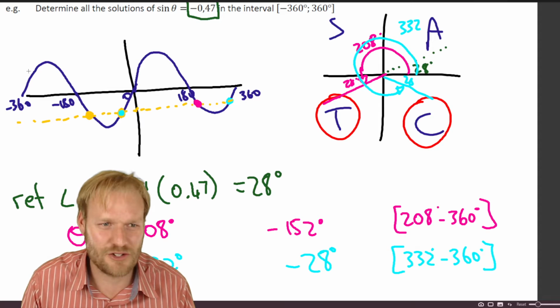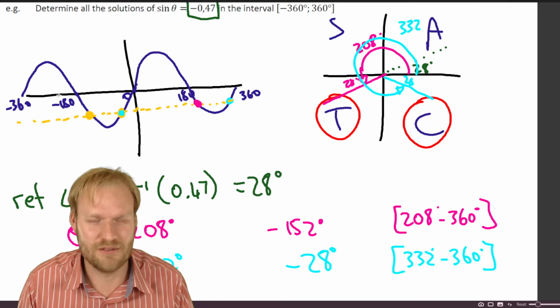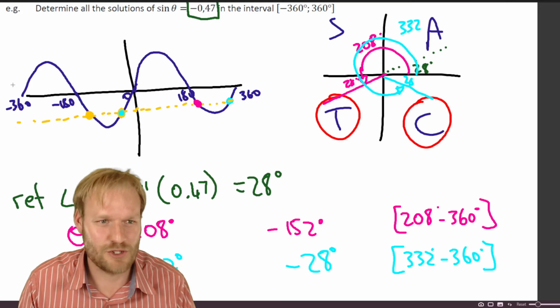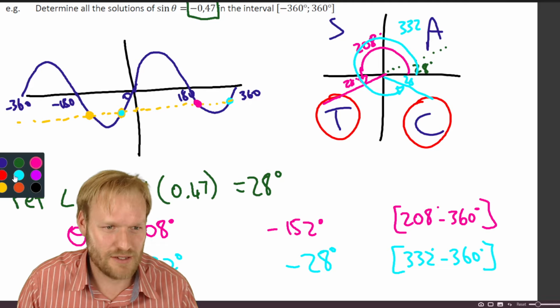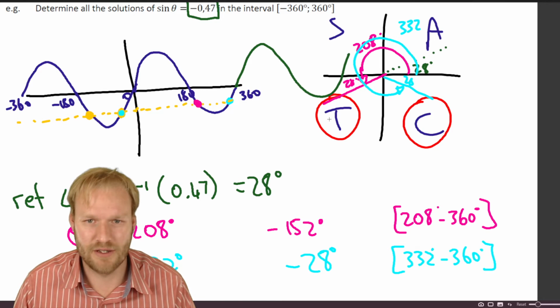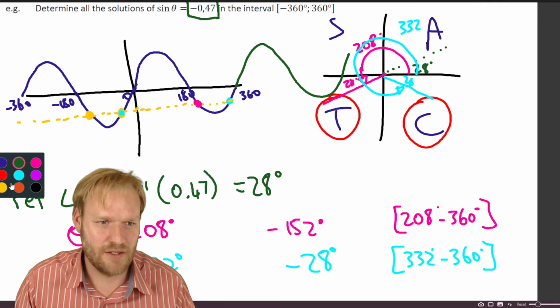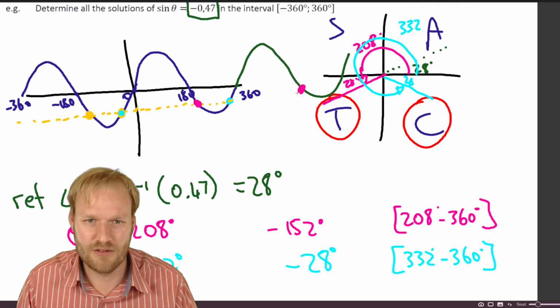So they're all our solutions within this domain, between minus 360 and 360. Now let's just say the question changed and we said let's increase our graph and keep going. There would be another pink solution over here and there.